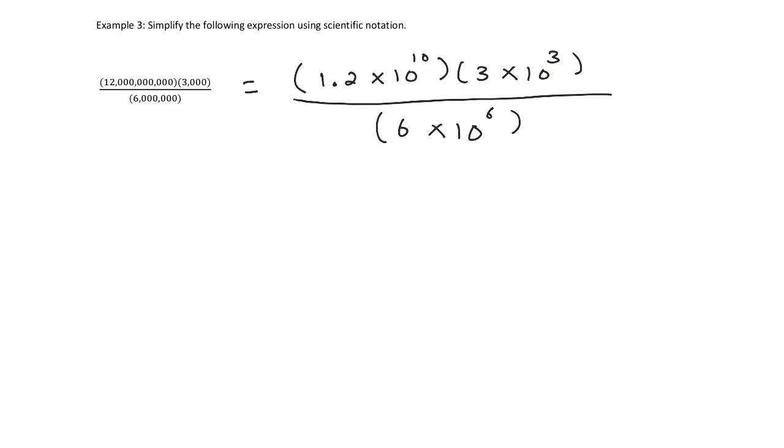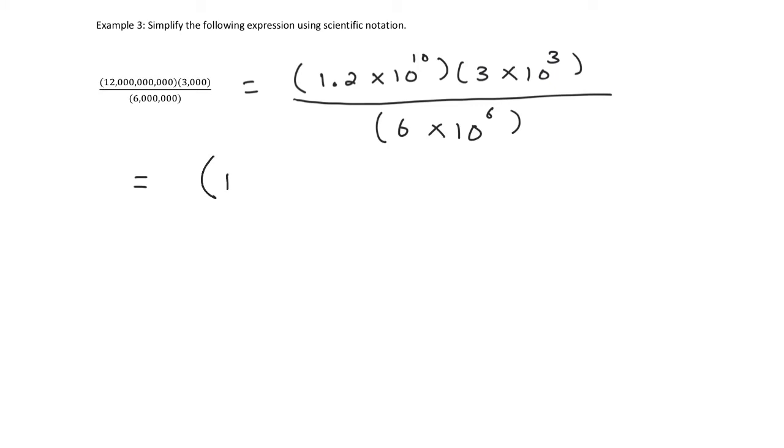And just like last time, I now want to compare similar parts. So I'm going to take the numbers 1.2, 3, and 6, and I'm going to write them together. I'll multiply these two and divide by 6, and then I'm going to compare the powers of 10. I'll multiply these two together and divide by my 10 to the 6. So it's really just now setting it up.